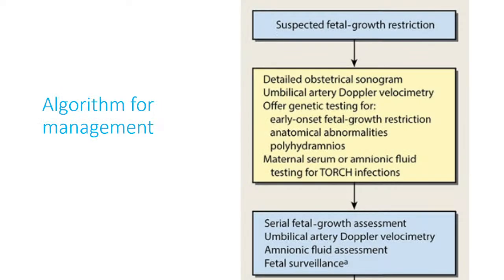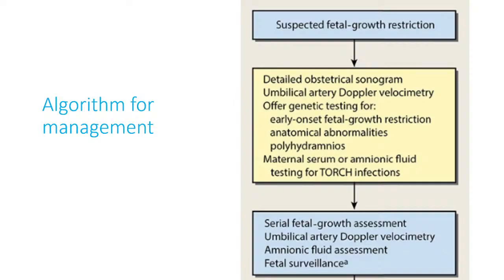So, the algorithm is, if you are suspecting fetal growth restriction, detailed obstetric sonography should be done to measure the parameters, to check whether they are correctly taken or not. Obstetric Doppler or velocimetry should be done to know whether it is severe FGR or mild FGR. Then genetic testing may be done, as I have already told, the indications are there for genetic testing, and for infections.